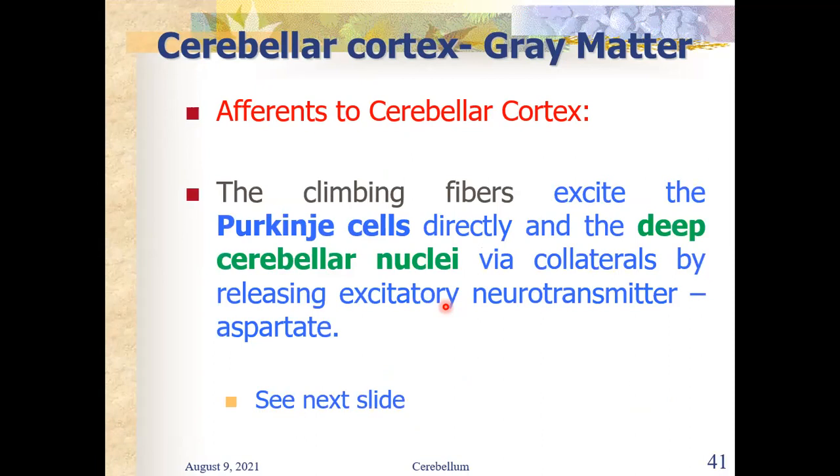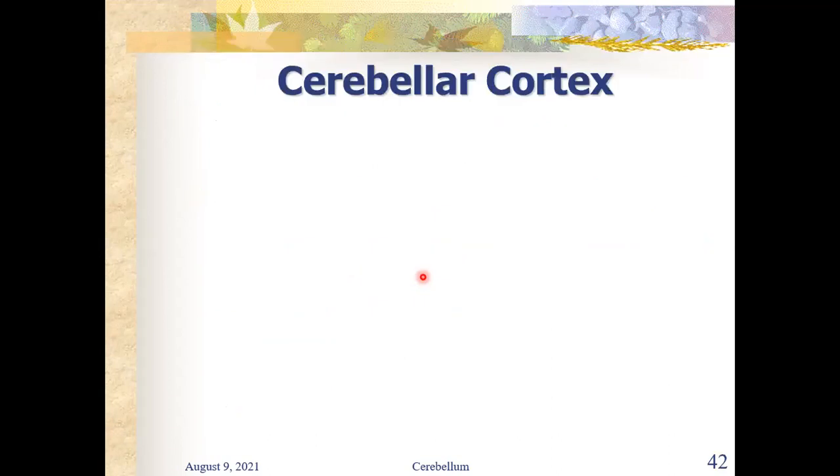The climbing fibers excite the Purkinje cells directly and the deep cerebellar nuclei via collaterals. I've said it already. The climbing fibers release the excitatory neurotransmitter aspartate between the climbing fibers and the two other structures, the Purkinje cells and the cerebellar nuclei.